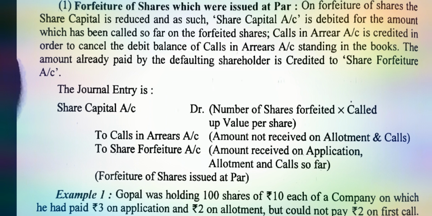In that, the share capital account which is debited here would be amounted with the number of shares forfeited into called up value per share, and the calls in arrears account would be credited with the amount not received on allotment or calls, and the share forfeiture account would be amounted with the amount received on application, allotment and calls. So that would be the first entry in case of shares issued at par being forfeited.